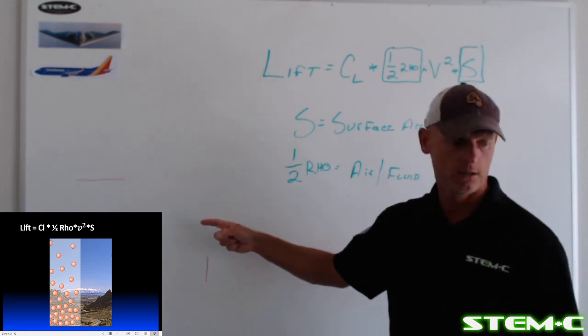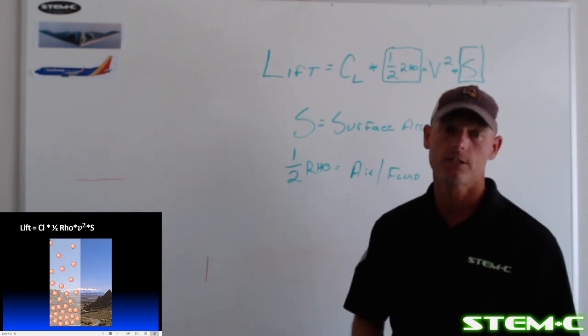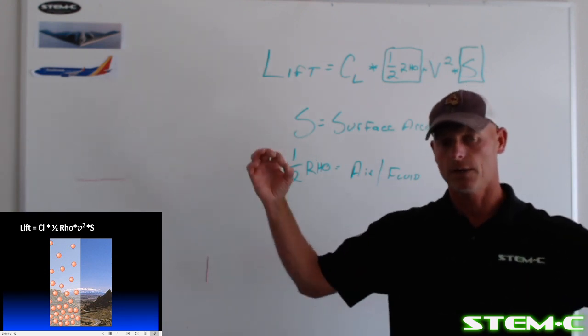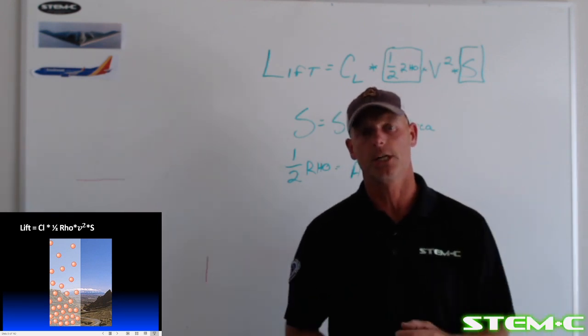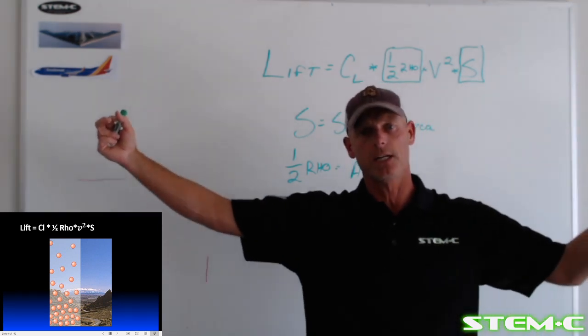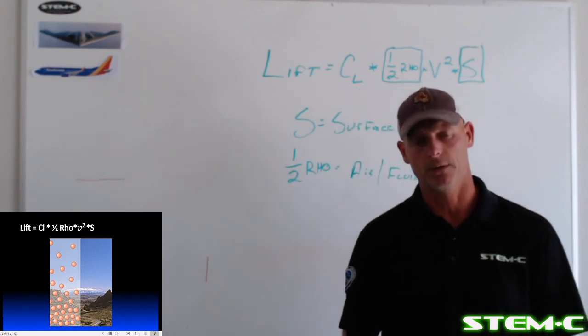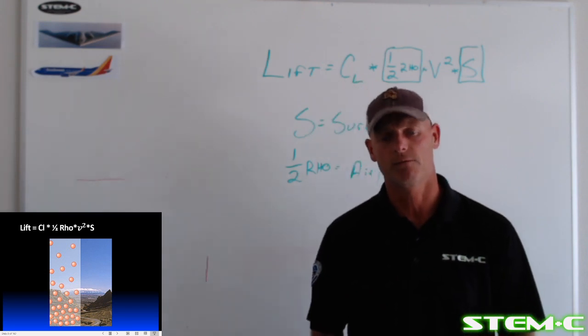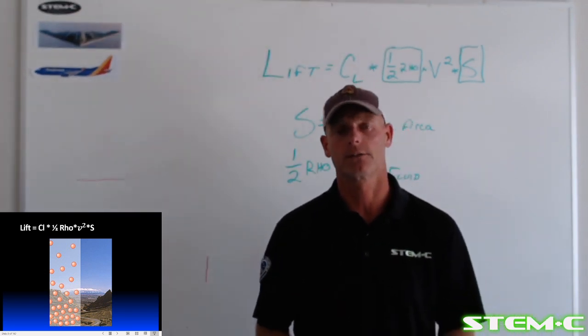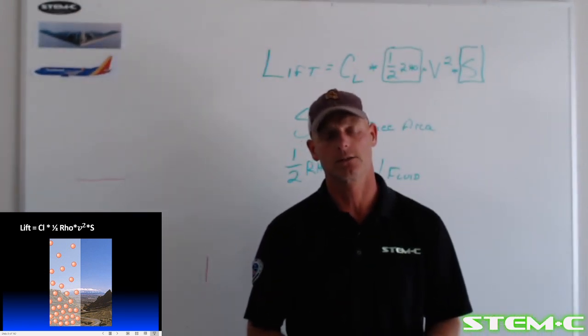So once we get up here, this 100,000 feet, 200,000 foot range, those air molecules are farther apart from each other. And like I said, once we get out to space, they're really spread apart. There's actually some really cool YouTube videos that explain how far away molecules are in space.